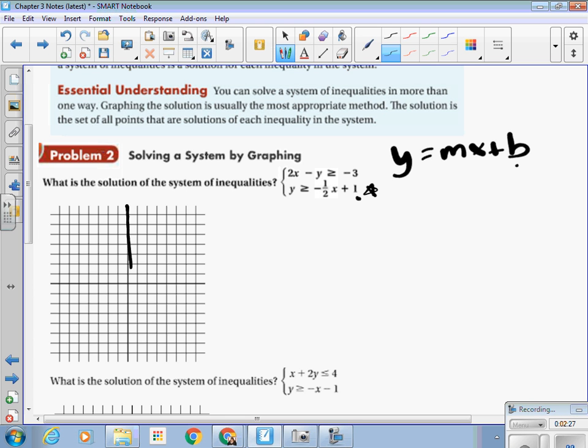So if I have my axes marked, positive 1 on the y-axis is right here. I can check out my slope. It is negative 1 over 2, so I'm going to go down 1 over 2.